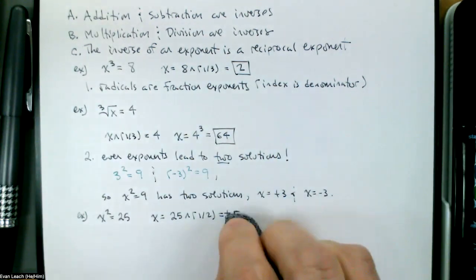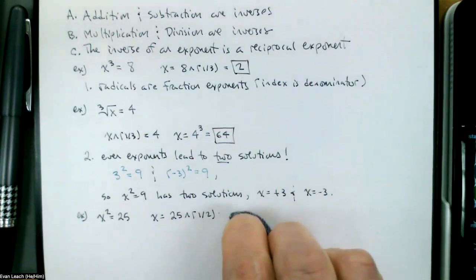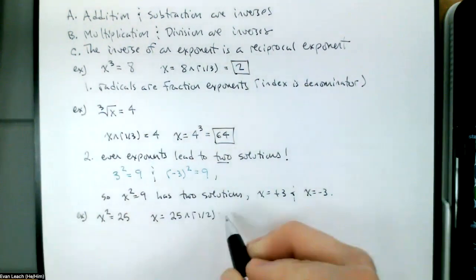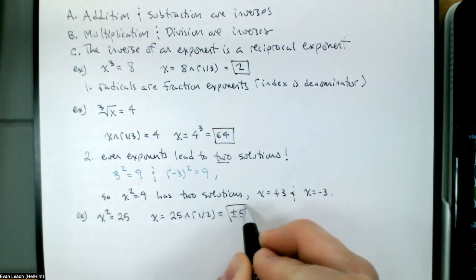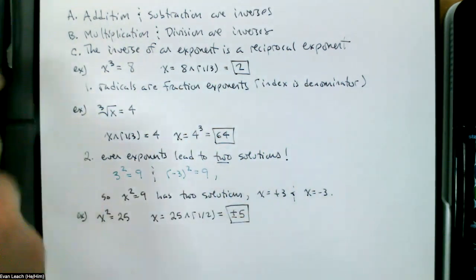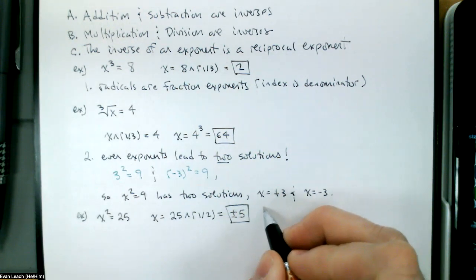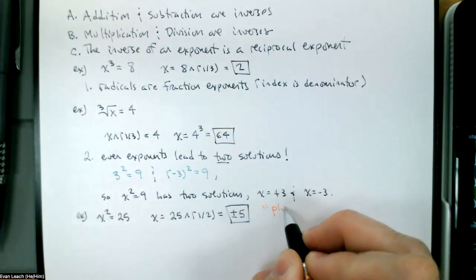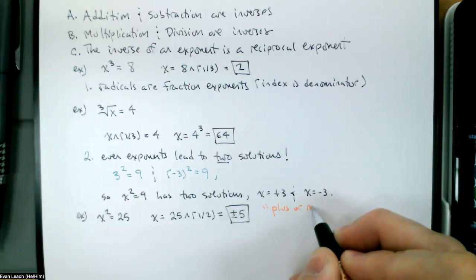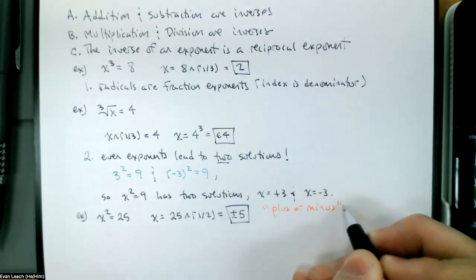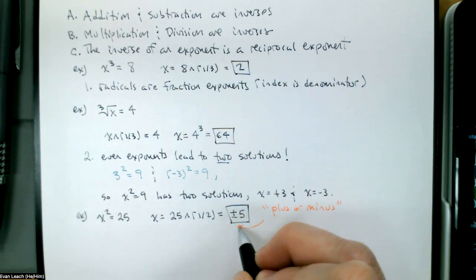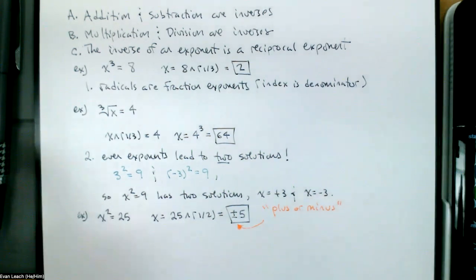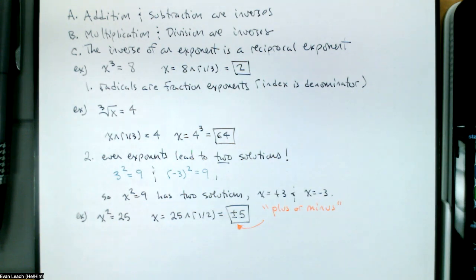Crammed it up against the equal sign. So we read that symbol as plus or minus. So the answers are plus or minus 5.